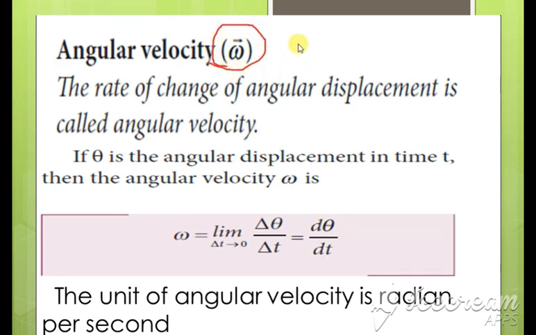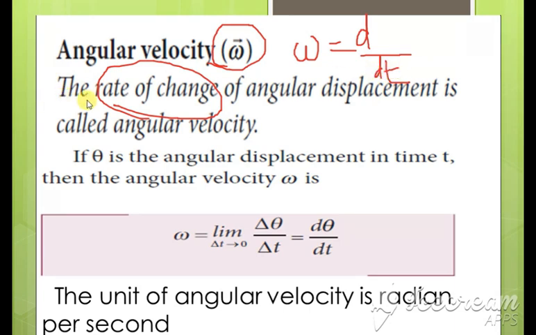Whenever you have the term rate of change of, we write it as d by dt. Rate of change of what? Angular displacement, which is denoted by the letter theta. So omega is equal to d theta by dt.